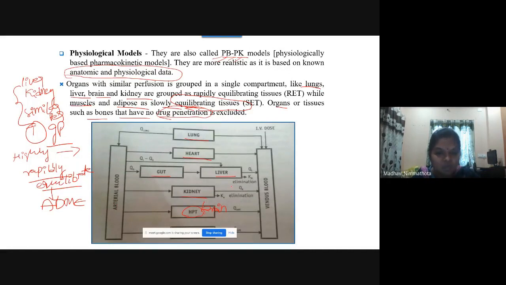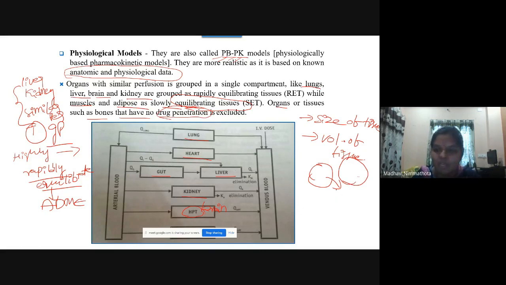The movement of the drugs takes place depending upon the size or volume of the tissue. Suppose the heart has a small area for drug absorption and the liver has a large area for absorbing your drugs.